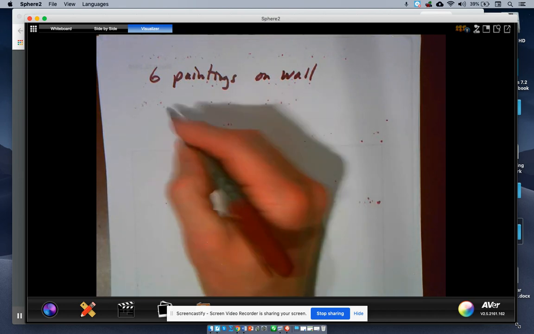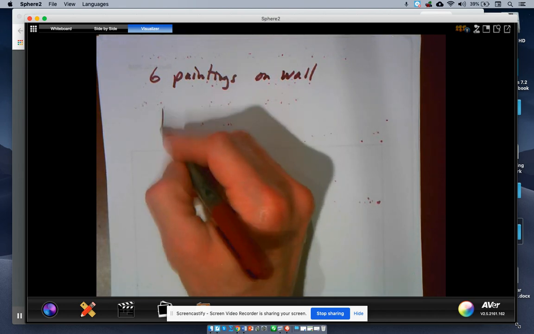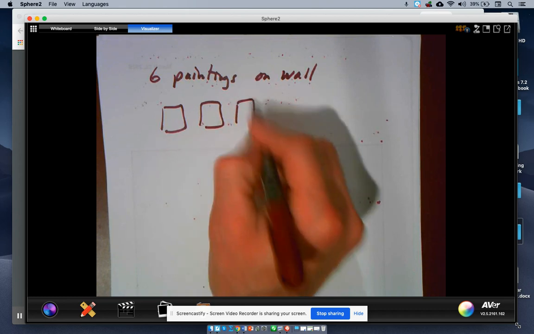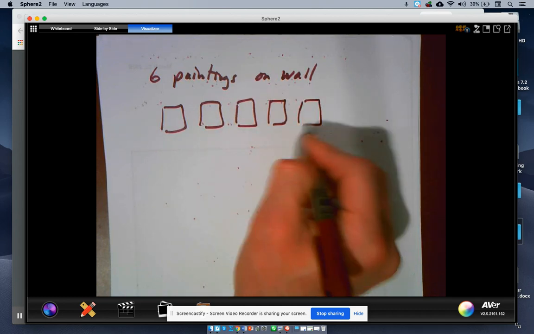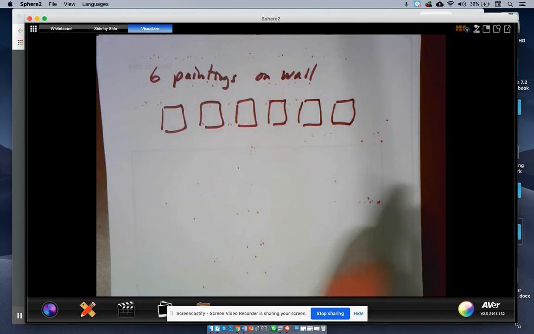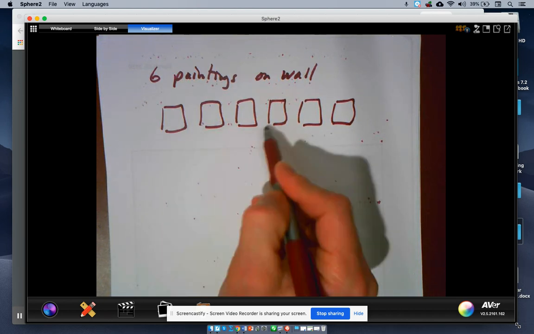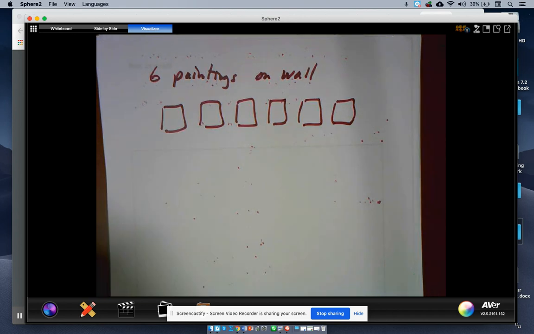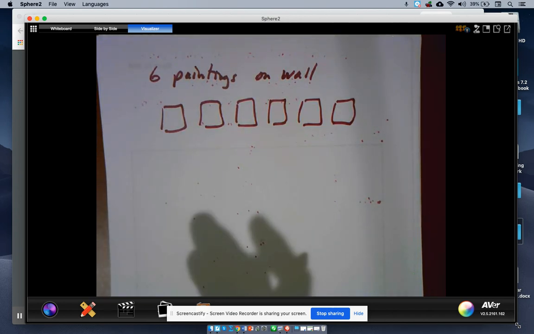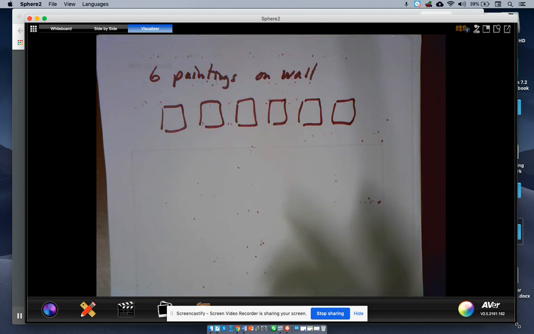Now I can't fit one above the other, right? So my 6 paintings are just going to go left to right. They look like this. I've got a really big wall in my living room. There's 6 paintings. I can arrange them. And when I have different guests come over, I mix and match. So I'll move this one over here just to see if they notice. And they say that that's not true. I'm just telling stories. So I've got these 6 paintings, and I've got to know how many different ways I can arrange them.